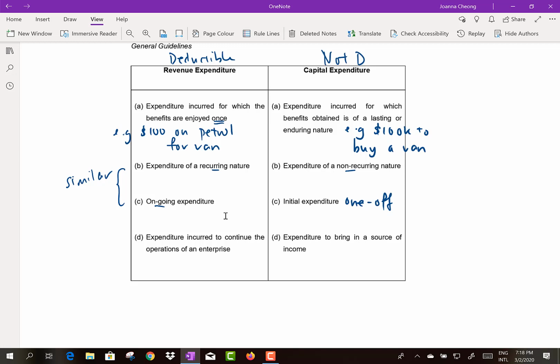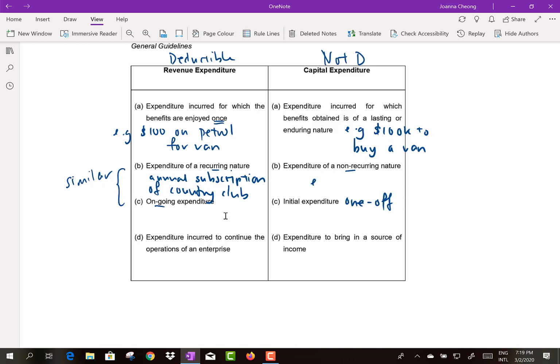The annual subscription fee will be under the category of recurring, so it is revenue in nature and deductible.